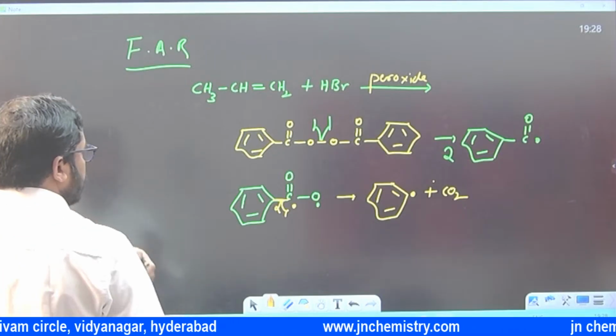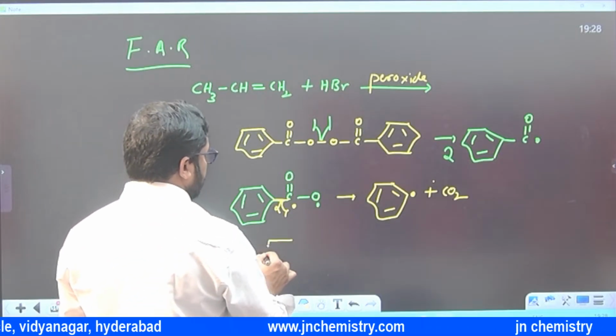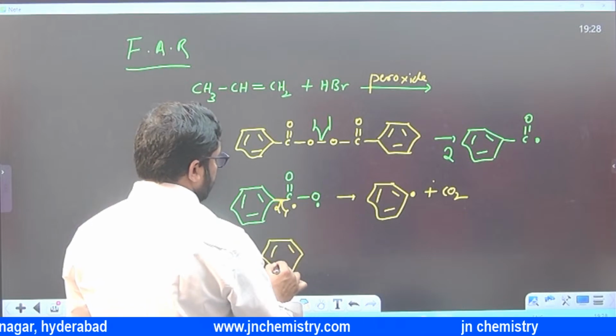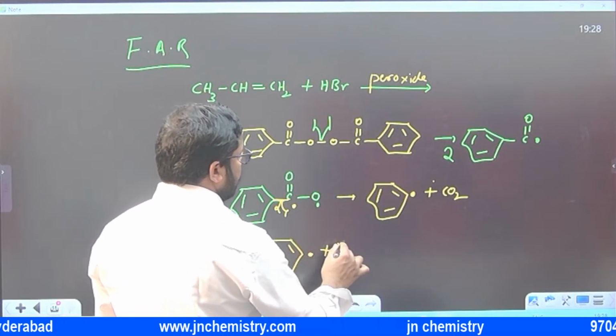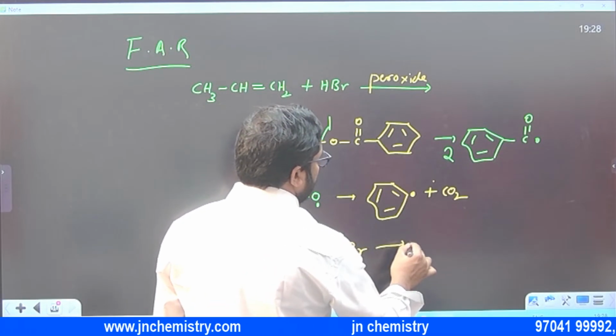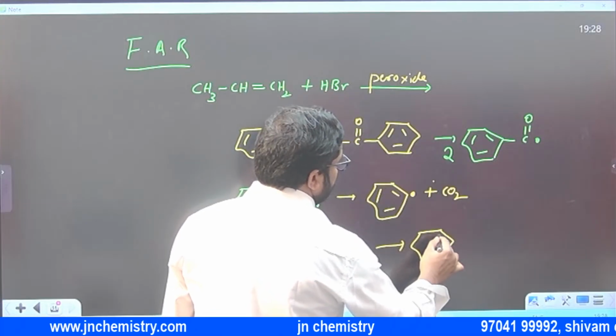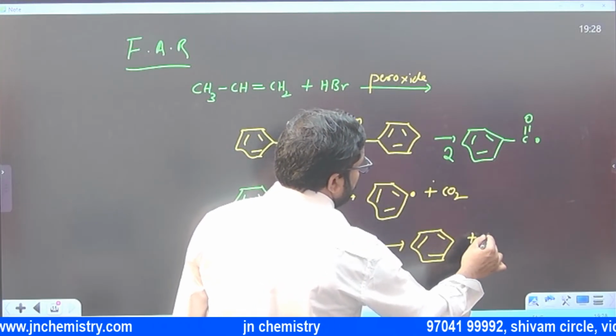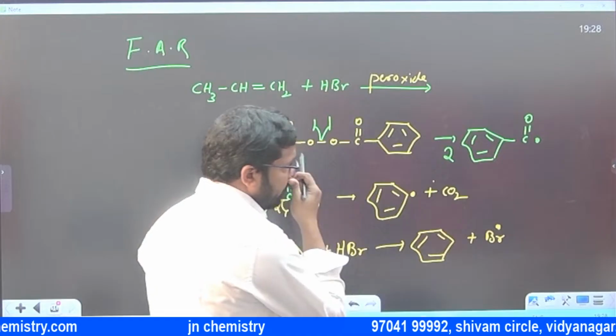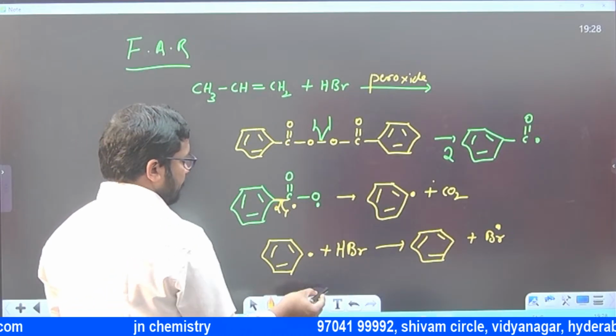Next, the last step. HBr undergoes homolytic cleavage, so we get benzene plus Br radical. The Br radical is important for us.